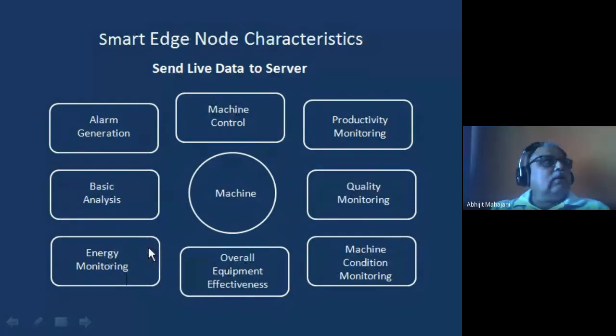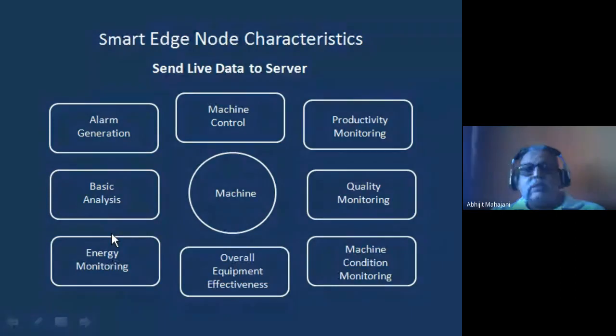Energy monitoring is another area which is needed, because if your machine starts deteriorating, you start consuming more energy. So this also can be an indication about your machine conditions. Then with all this, you need some kind of basic analytics. Why basic analytics?